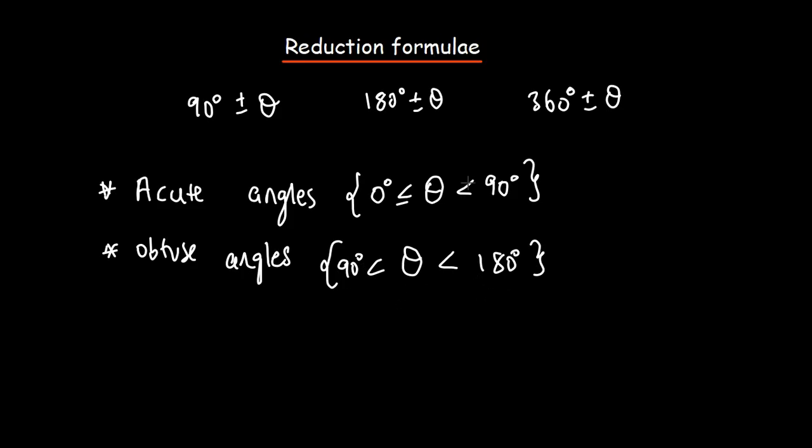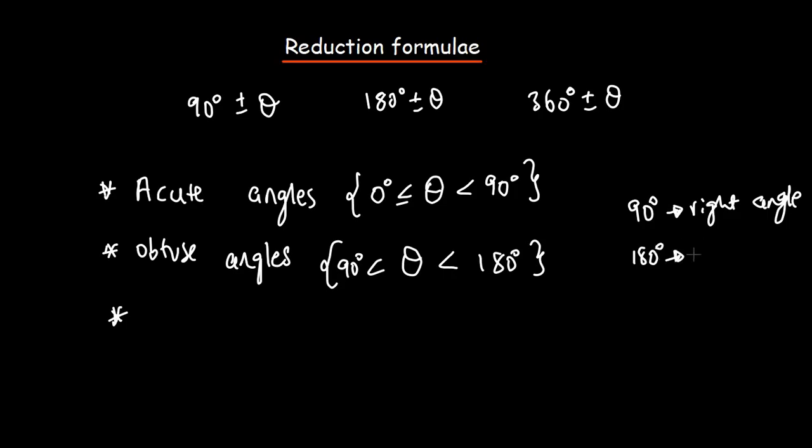So why are we not including 90? When an angle is exactly 90 degrees, it's given a special name. We call it a right angle. That's why we were not including 90 in any of these. And if an angle is exactly 180 degrees, that's why I didn't include it here.